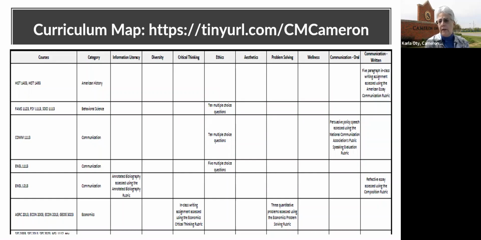We let them choose what that scenario is, right? The General Education Committee does not get involved in the content. So they are different, course-specific scenarios. What you're learning in psychology is a little bit different than what you're learning in sociology, but you still should be learning about the ethics of the situation. They each have their own multiple choice questions, but they must have 10, and they work together to try to get them to be comparable.